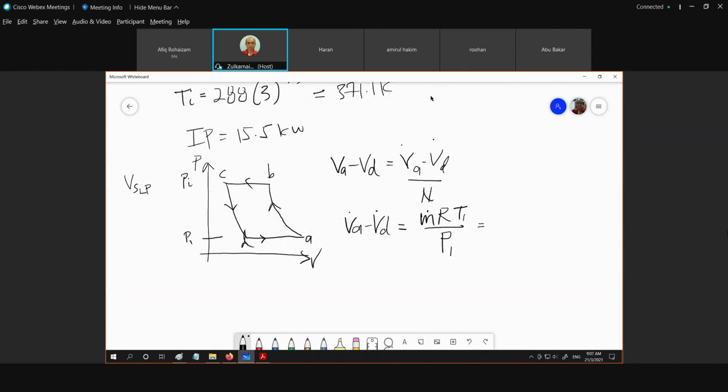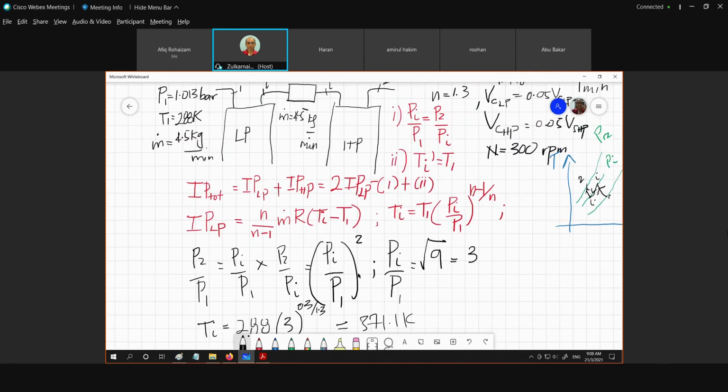Sini adalah 4.5. Oh sorry, before that we need to know what is Pi, P1 ada. Okay. 4.5 kalikan dengan 0.287 kalikan dengan 288 divided by kita punya P1. Kita diberikan dalam soalan ini, P1 kita adalah 1.0.